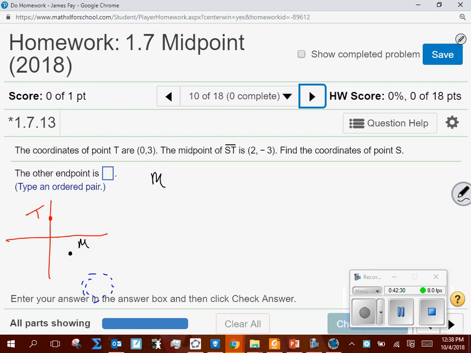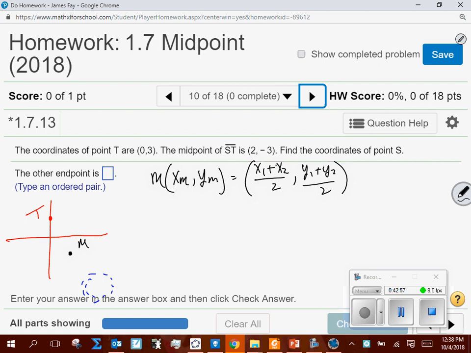So I'm going to say the midpoint formula. So here's the logic of looking at that formula, guys. The left-hand side is an x comma y, right? It's an ordered pair.